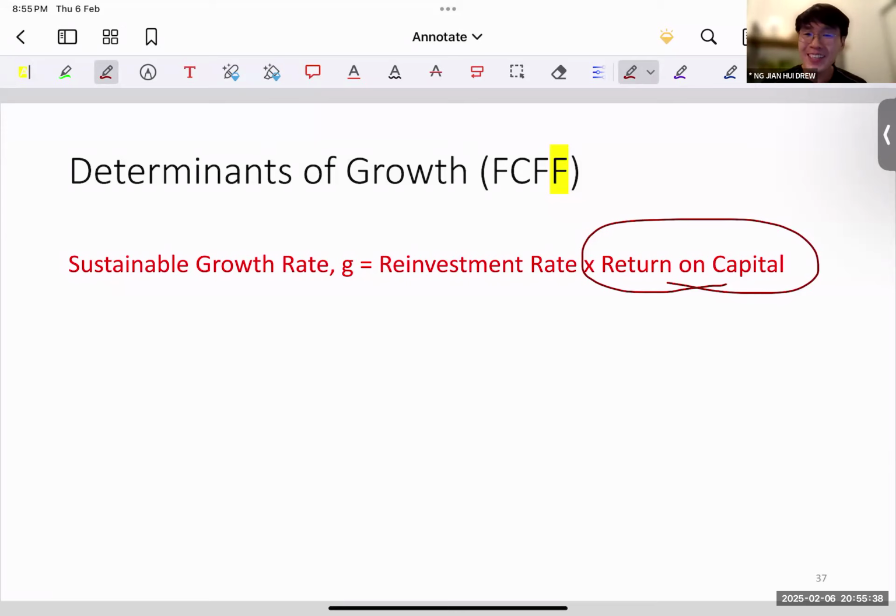Yeah, return on equity, you're right. That's right. Because we are now at the firm level, we need to use the return on capital. So it's ROC instead of your return on equity. All right. So just be very careful what to use.